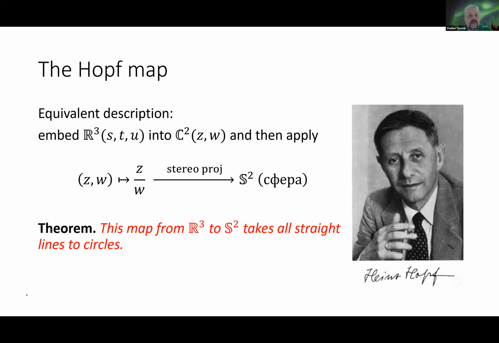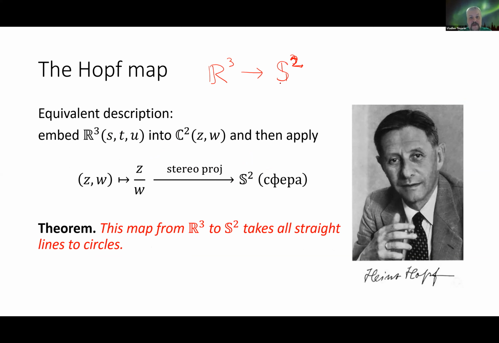So in this way we get a map from R3 to S2, where R3 is the usual three-dimensional space, and S2 is the sphere in the three-dimensional space. As a sphere, it's two-dimensional. This is one version of the Hopf map.